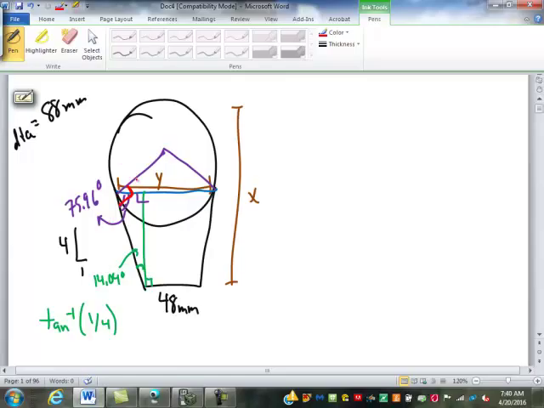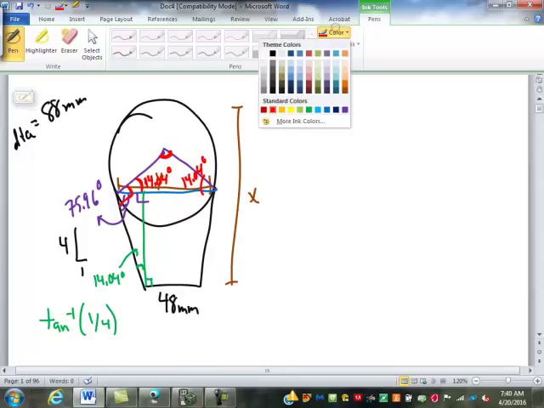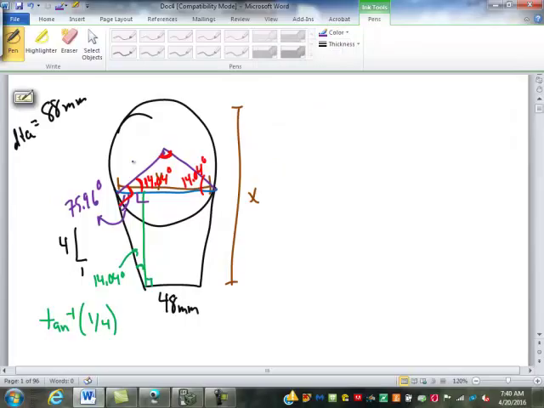So that means this angle is 14.04, there and here. So you can use that to find this angle up here. You know this here is 44, right?